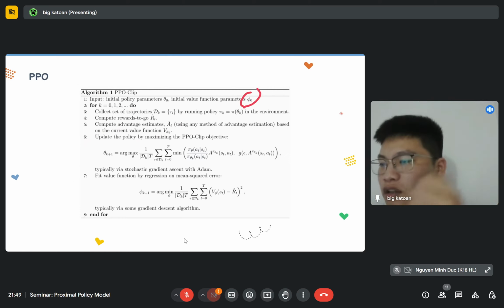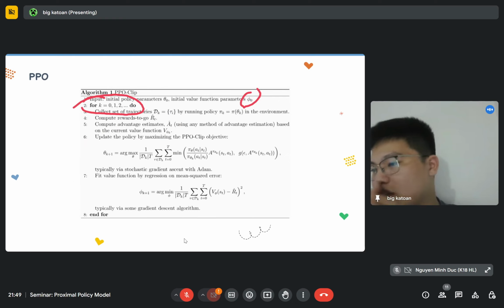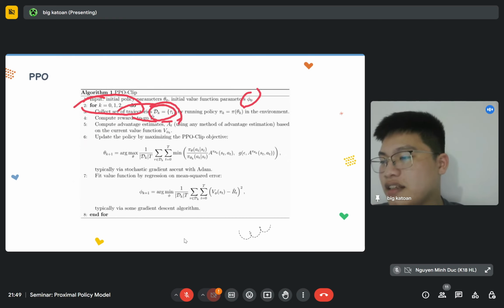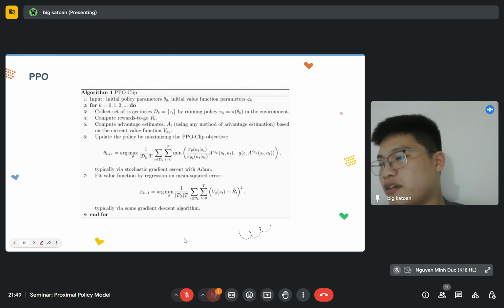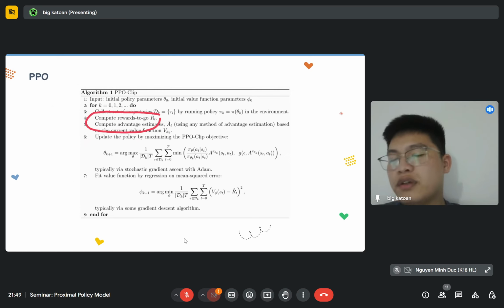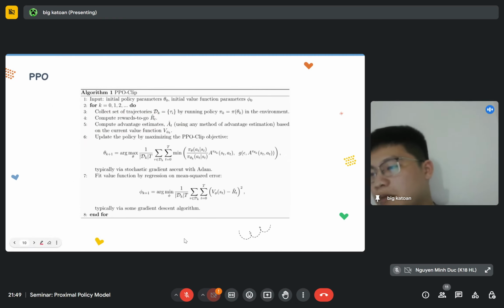Okay, and we loop forever. We collect the trajectories into a buffer called Dk, by running the policy pi k equal to pi theta k in the environment, and we can compute the reward RT. After we compute the reward RT, we can use it to compute the advantage estimate AT.